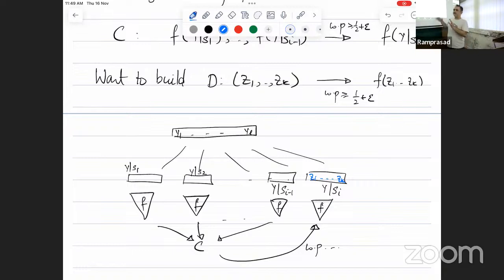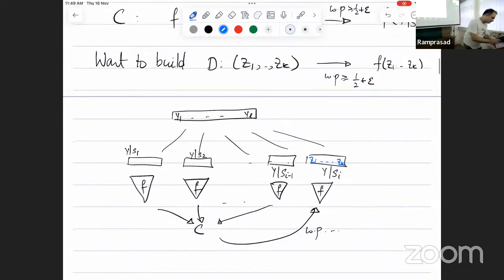Let's imagine that we are going to set things up in such a way that the Y restricted to Si turns out to be Z1 through Zk. But that will mean that maybe this is now going to be Z1, this is going to be Z2, and maybe this is equal to Zk. But the Y's had L bits in this. It didn't just have k bits. So there's a whole bunch of other bits which don't seem to be related to this at all.